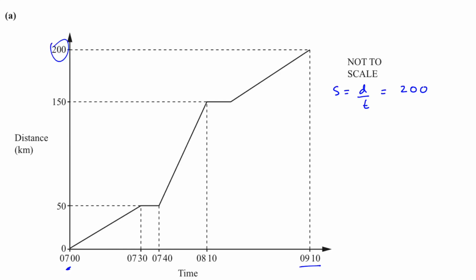To convert the 10 minutes into hours, we will divide it by 60. So 200 divided by 2 plus 10 over 60 will give you the average speed, which is 92.3 kilometer per hour.